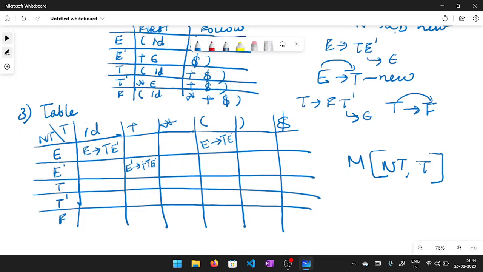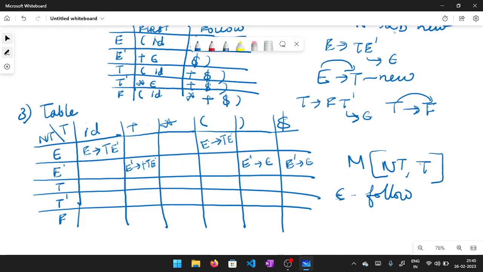But you don't have epsilon as a terminal. So if you have epsilon, you should go to the follow. So in the follow, dollar and closing bracket, I should write that production, E dash tends to epsilon. So if you have epsilon, I should go to the follow and write that production.